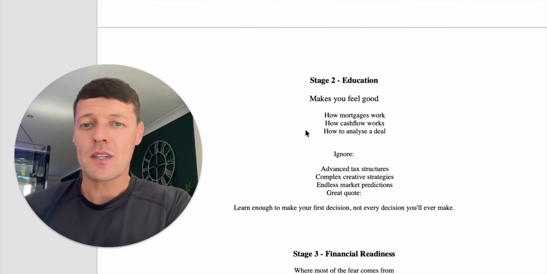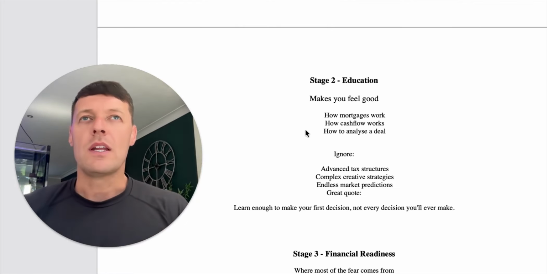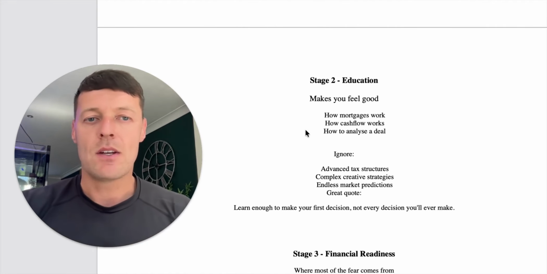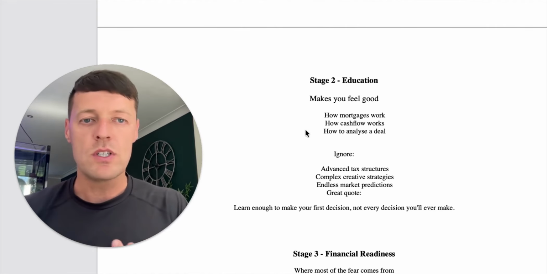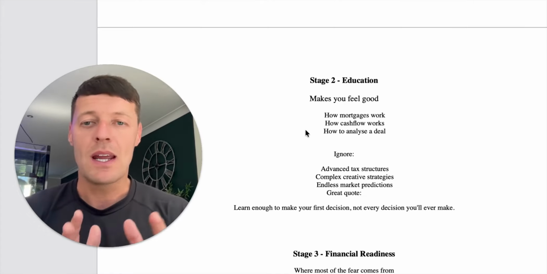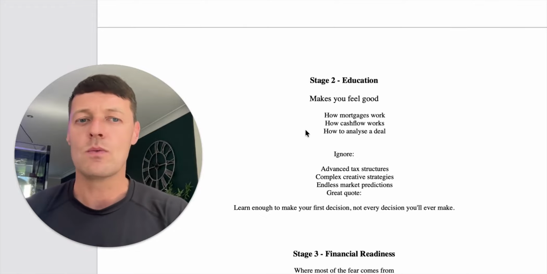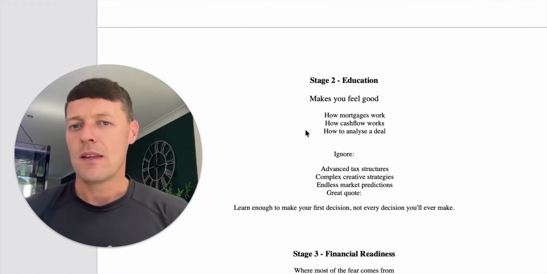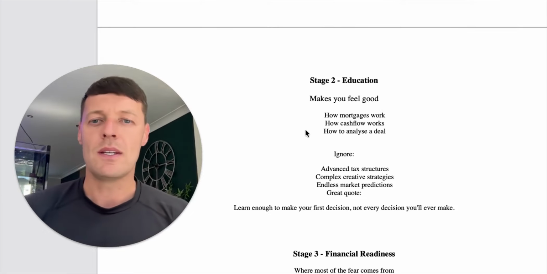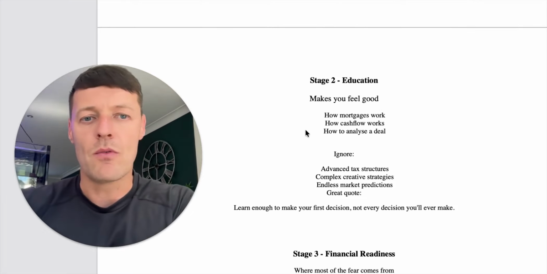Okay. So when it comes to learning, what I would say is learn the basics, learn what you need to know. Okay. So that's how mortgages work, how cash flow works, how to analyze a deal. And then you can ignore all of the other things that don't apply to you. So if you've got capital to invest and you want to own property, there's no need to go and learn about rent to rent.